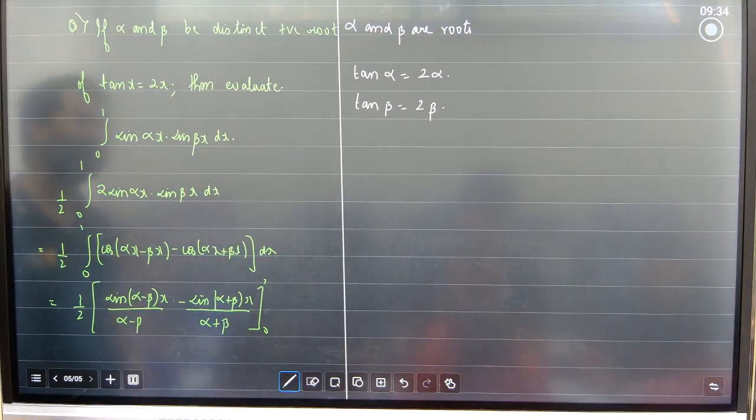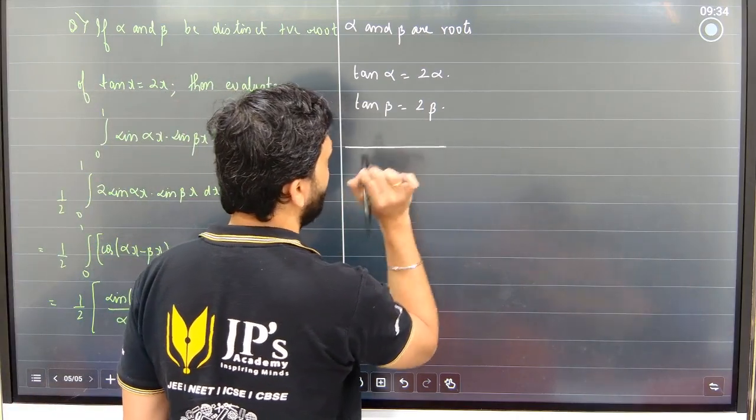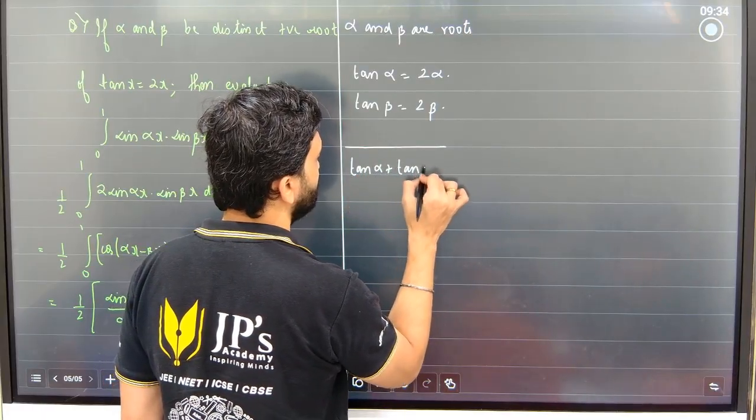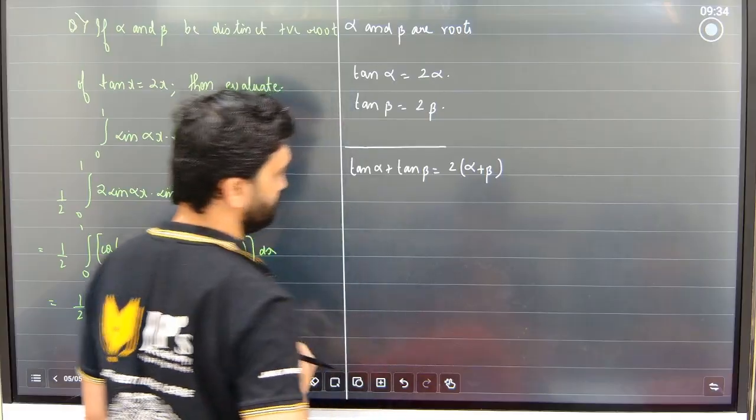If I add them, I'll get tan alpha plus tan beta is equal to twice alpha plus beta.